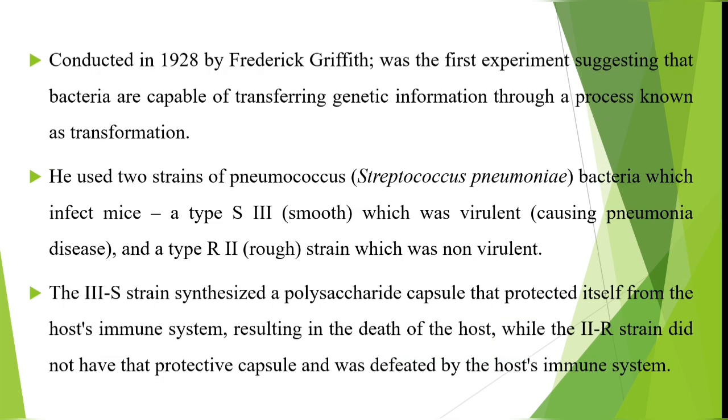Then one experiment was conducted by Griffith in 1928. Griffith carried out the first experiment suggesting that bacteria are capable of transferring genetic information through a process called transformation. So it is a type of horizontal transfer.